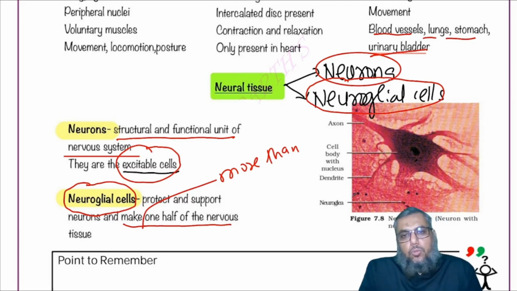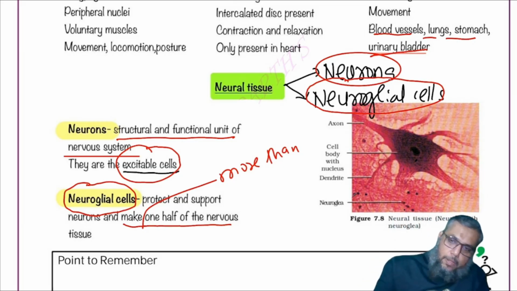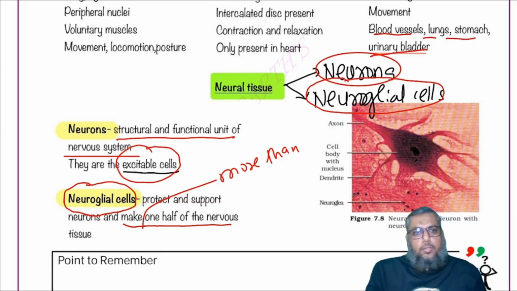The structure of the neuron, the axon, dendron, cytons, is dealt in the chapter Neural Control and Coordination. So, this is a brief and a quick revision, a synopsis for your entire topic, animal tissues, which is a part of structural organization in animals.